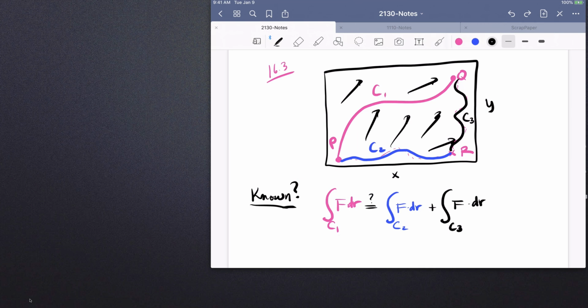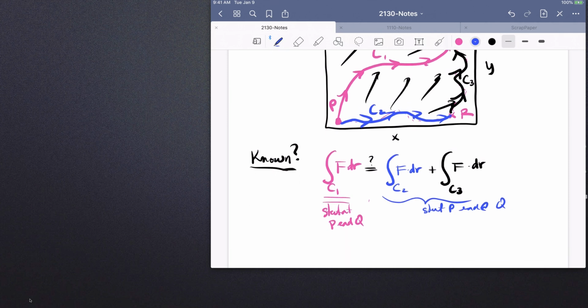In general, one would like to think that if you did the integral along C1, starting at P and ending at Q, and then went along a different path, C2 from P to R, and finished along the path C3 so that you ended at Q. Both of these paths start at P but end at Q.